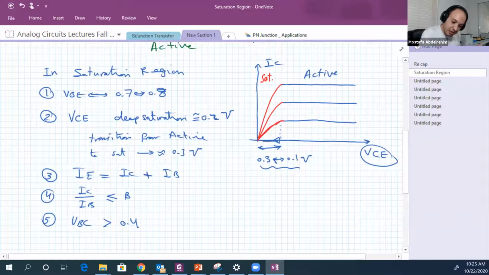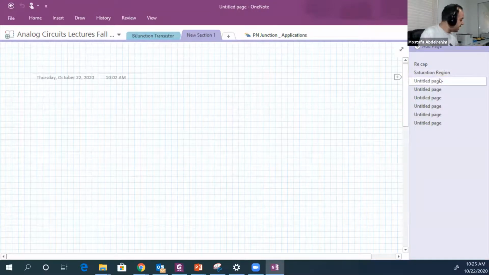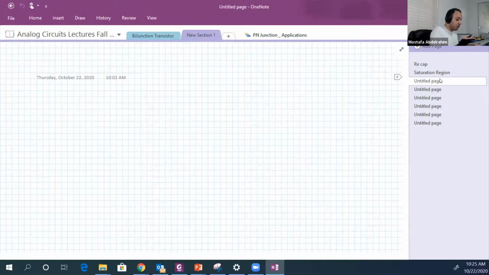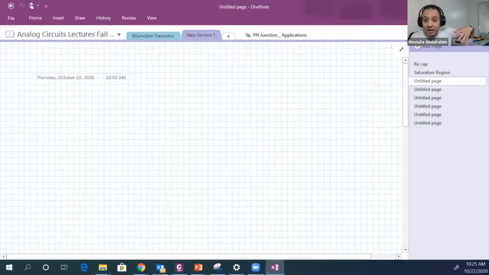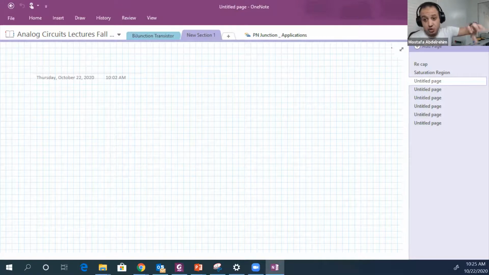Now let's see the first model. We want to put this transistor in a circuit and solve it. Just like what we did with the diode, we have the equations now, so we can put it in a circuit and solve it. To make it easier to solve, we can make a model for the transistor, because it's a complex device, not just like a diode.